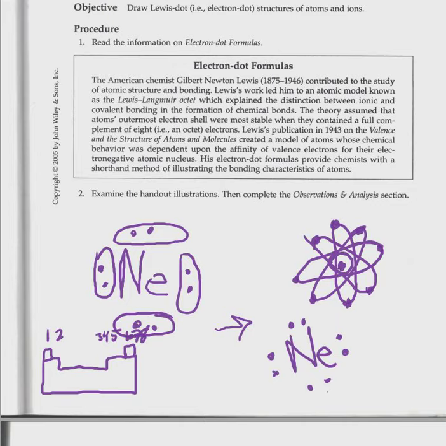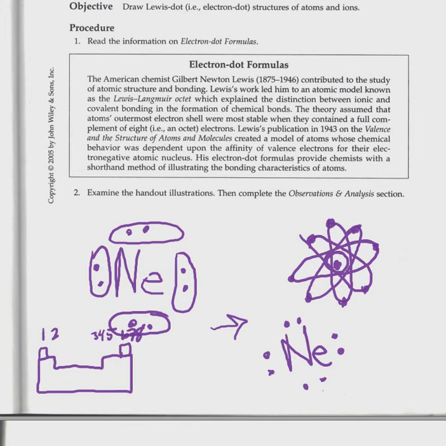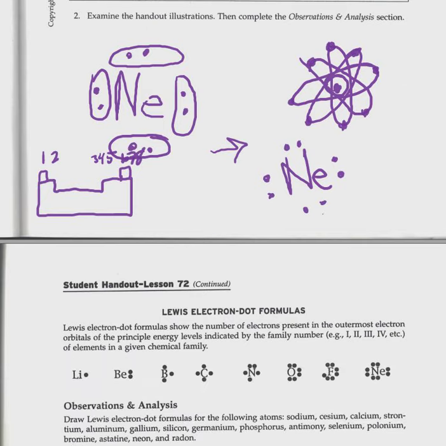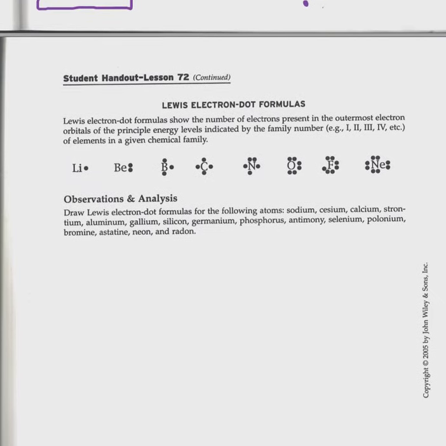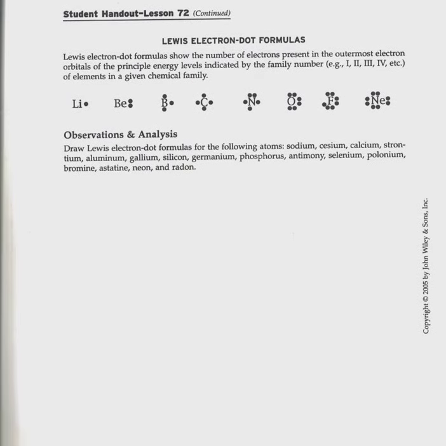So if we then move on to the next page, we can see examples of the first 8 valence electrons from lithium to neon.